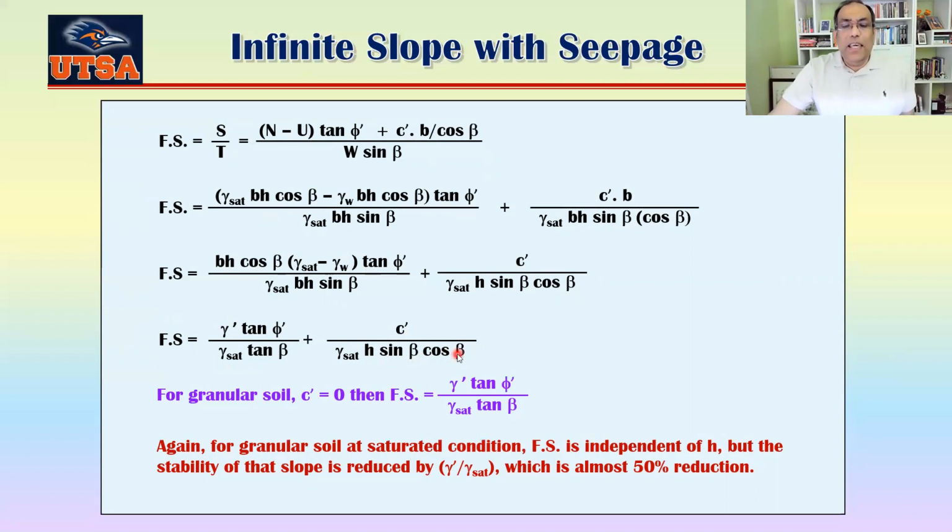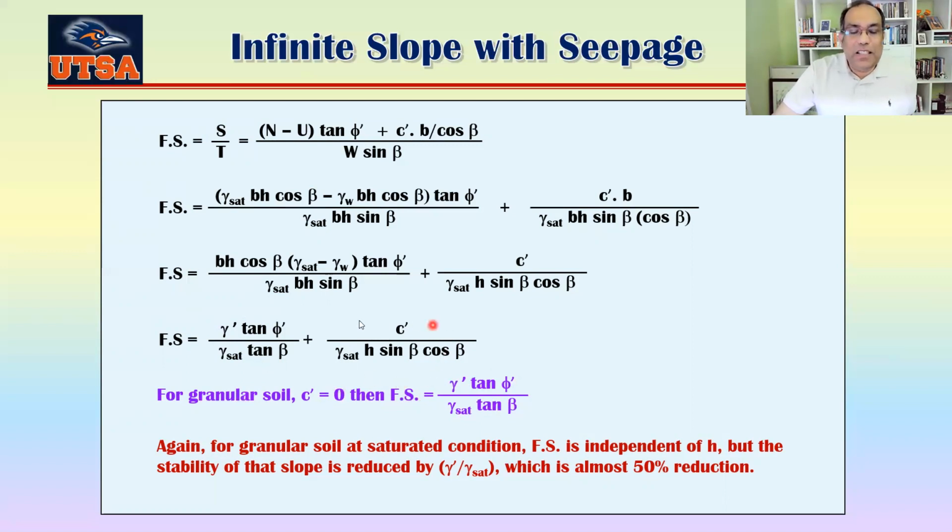Now you can see here that if this is granular soil, so your C prime equals 0, at that time your factor of safety is gamma prime tan phi prime divided by gamma sat tan beta. So what it's saying, again, is that the factor of safety of granular soil is independent of the height of the slope, okay?